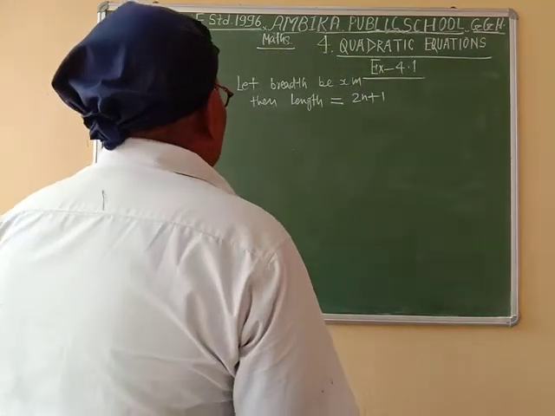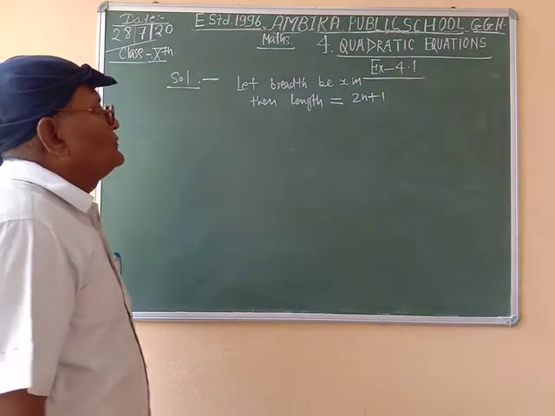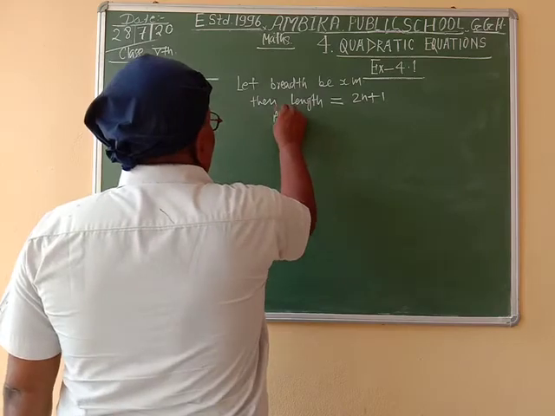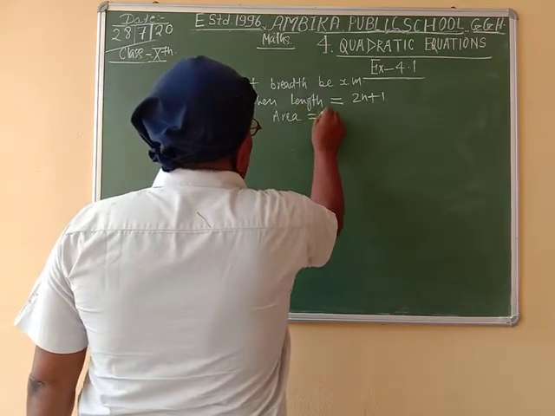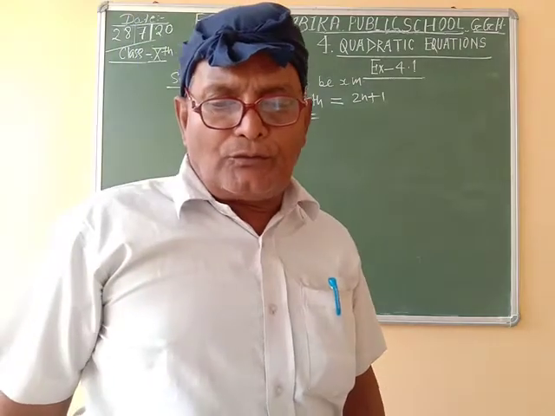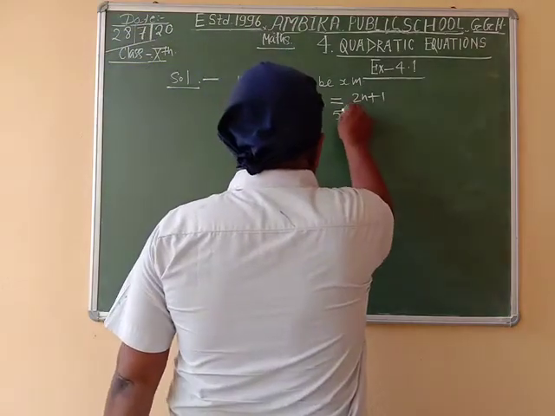We know that area of a rectangular plot is equal to length into breadth. Area is equal to the given area, 528 square meter.